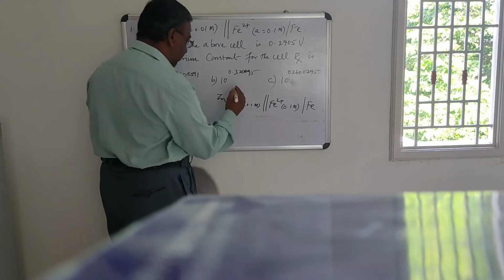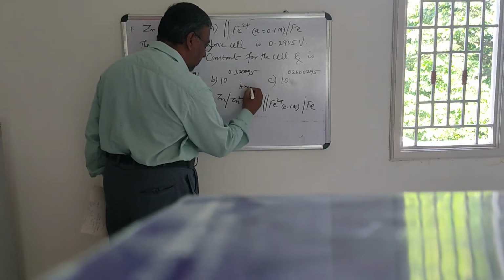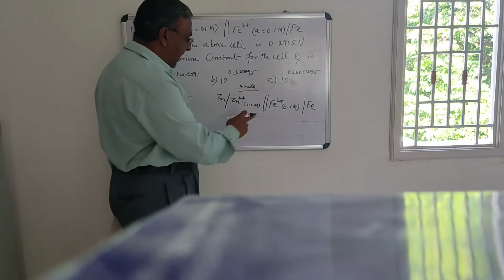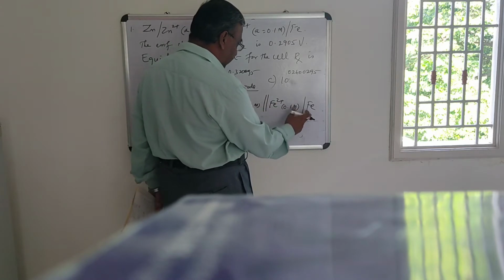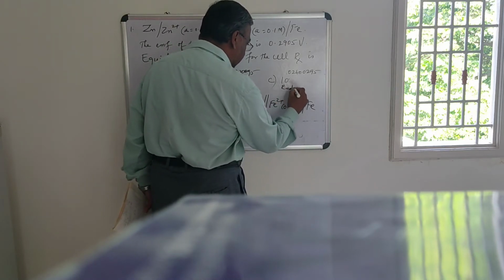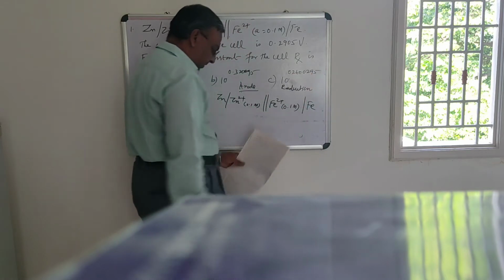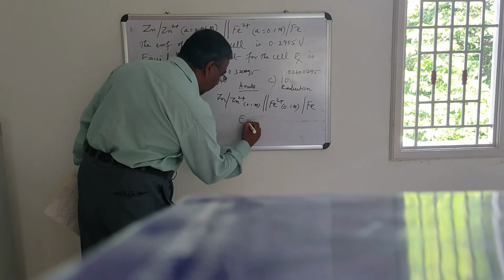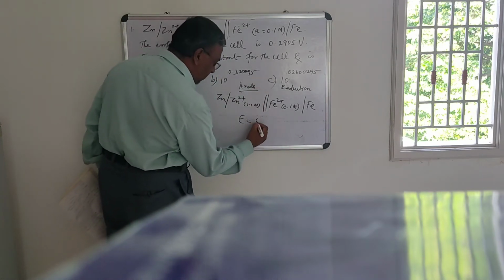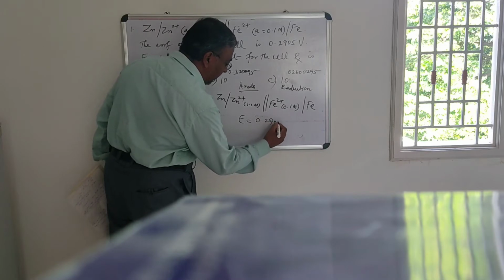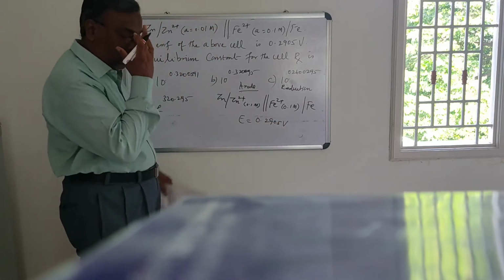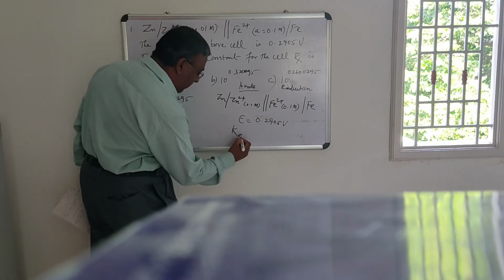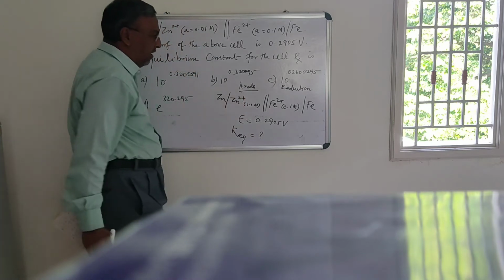That means this is anode, because it undergoes oxidation. Whereas Fe2 plus is reduced to iron. This is reduction. Okay, this is reduction reaction. The EMF of the cell is given in the problem as 0.2905 volt. Equilibrium constant we have to find out.